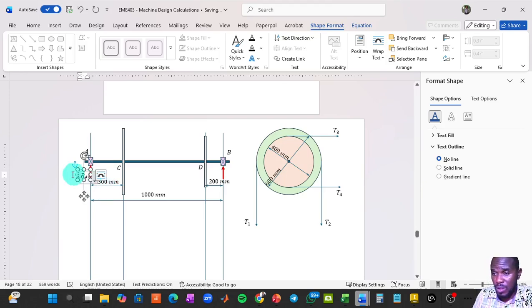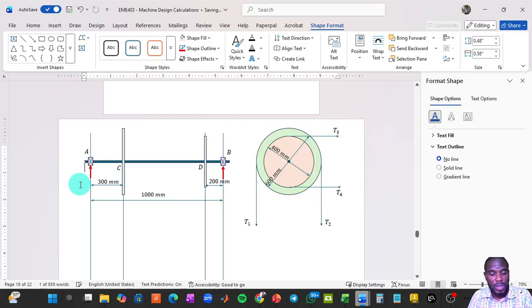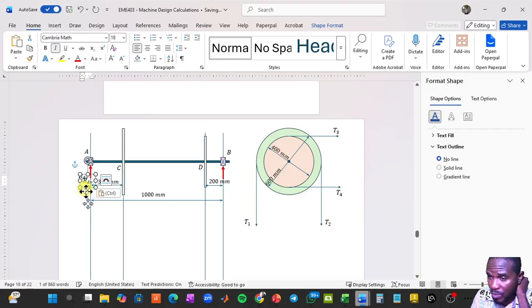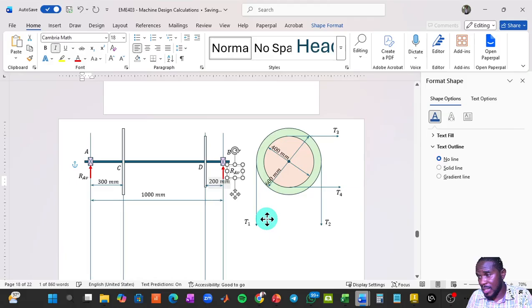Okay. Let's make it a little bit bigger inside so we can see. Excellent. And then there, I want to copy and paste. Then I can have it on this side, but the one on this side is RB because that's what's there.